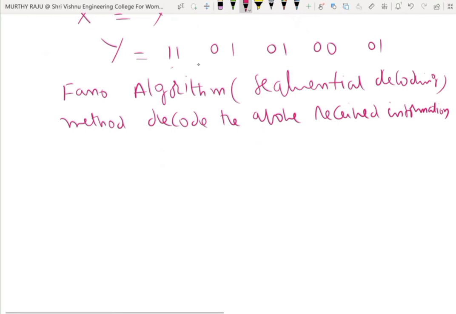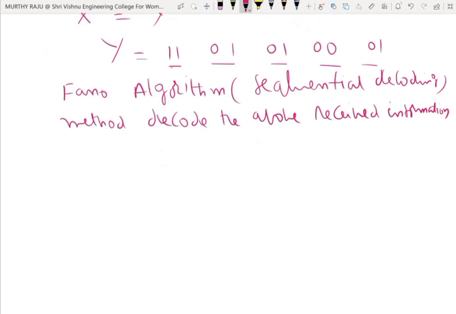The received information is divided into code words of length n bits, where n is the number of outputs of the convolutional encoder. In this example, n is equal to 2, x1 and x2. Therefore, divided into 2 bits of information: 1 1 0 1 0 1 0 0 0 1.